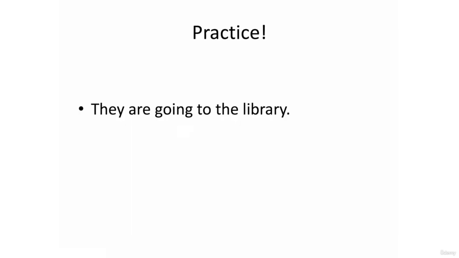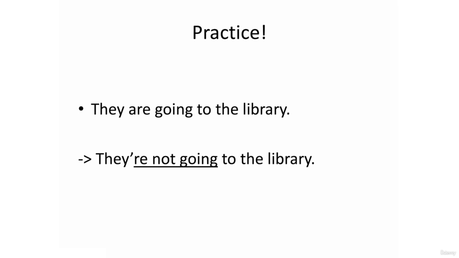Let's practice. Here are some affirmative sentences in the present continuous. Can you change these sentences into negative sentences with contracted forms? They are going to the library. They're not going to the library.